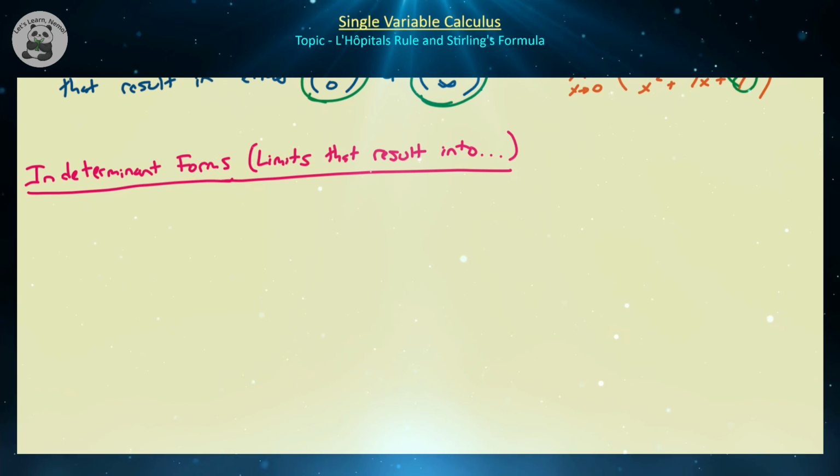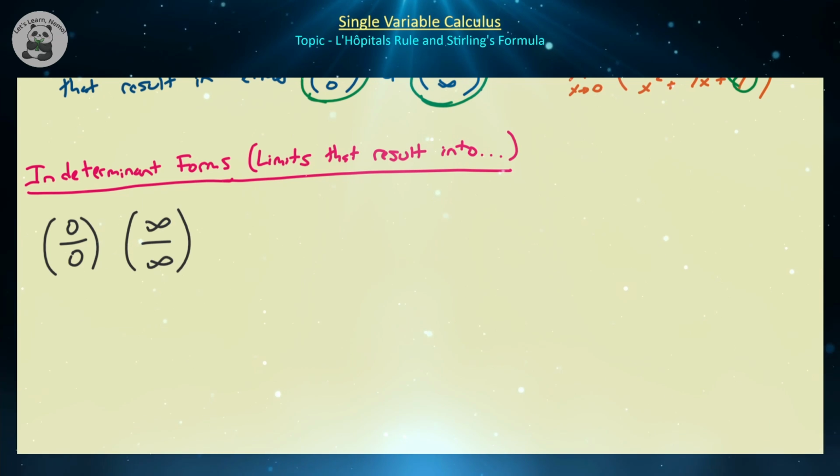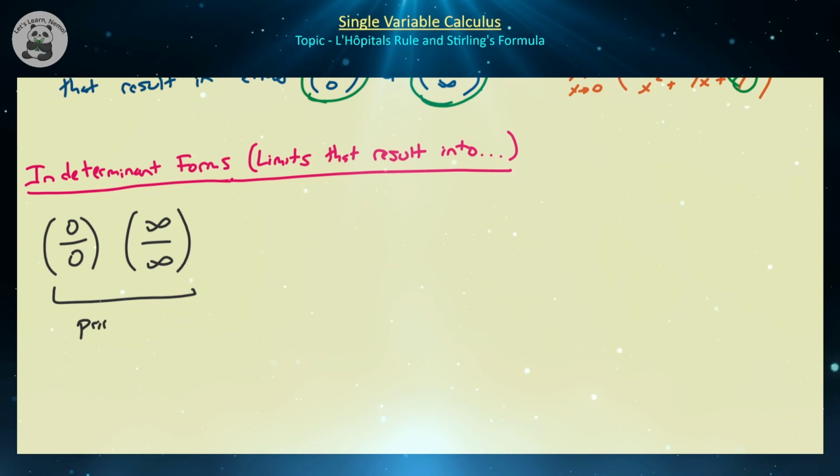And these two forms are what we refer to as indeterminate forms. So 0 over 0 and infinity over infinity, right? These are actually what we call the primary indeterminate forms. And there are other indeterminate forms called secondary indeterminate forms. I'm just going to list these out and we'll briefly talk about them momentarily.